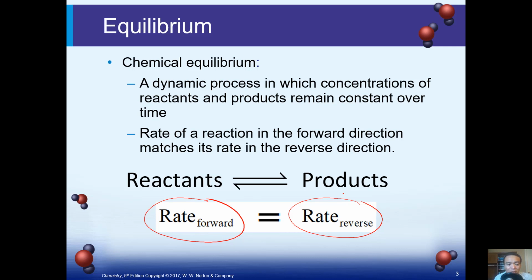But I want to emphasize one thing. It's not the rate constants. It's the rates but not rate constants. Rate constants most likely are different. Not rate constants, but rates for the forward and reverse reactions are exactly the same.